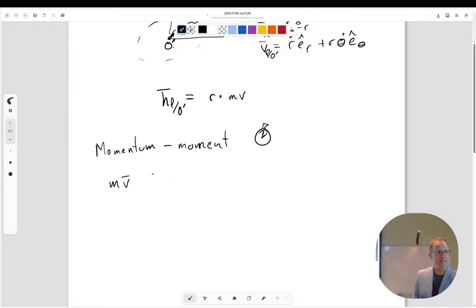Mass times velocity. Is this a scalar, a vector, a matrix, a fourth dimensional tensor? What do we think? Scalar, vector, matrix? We could just call it a day and say it's a tensor of some unknown dimension, but we haven't gotten there. Vector?